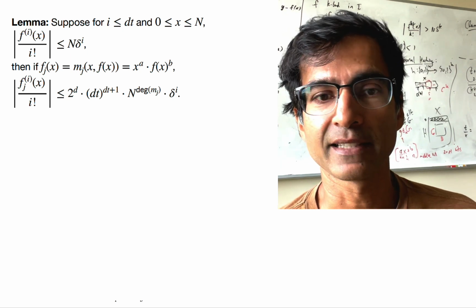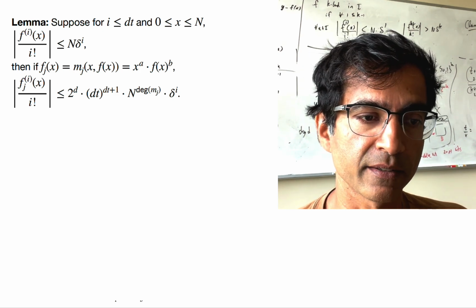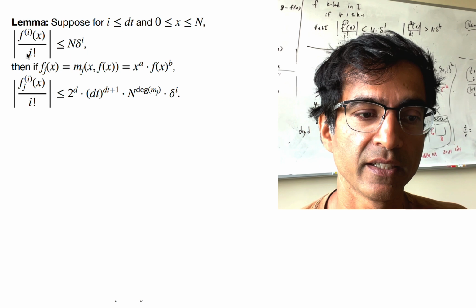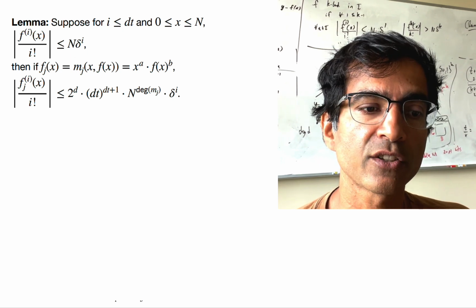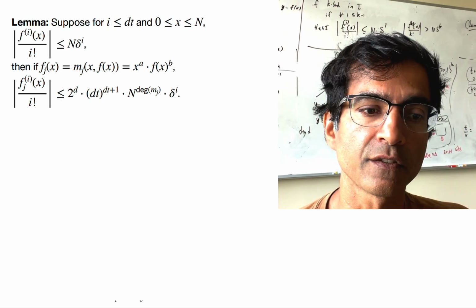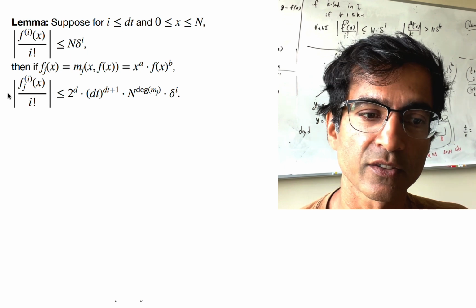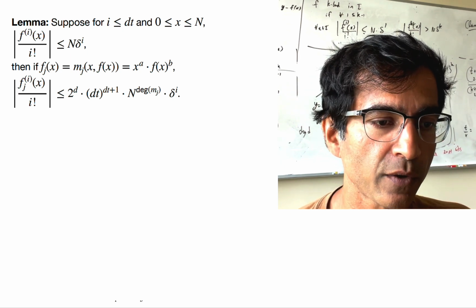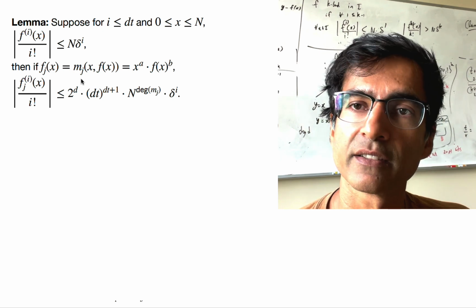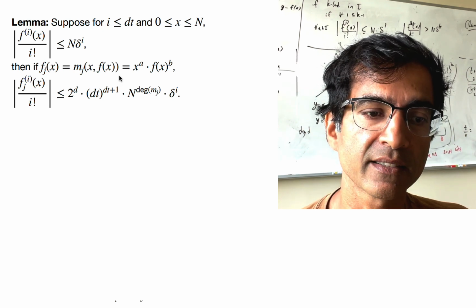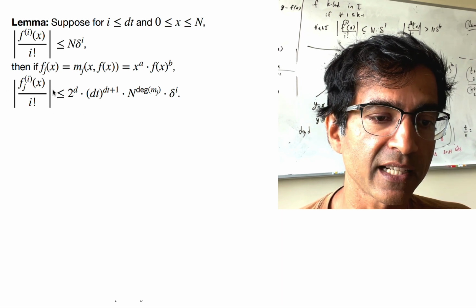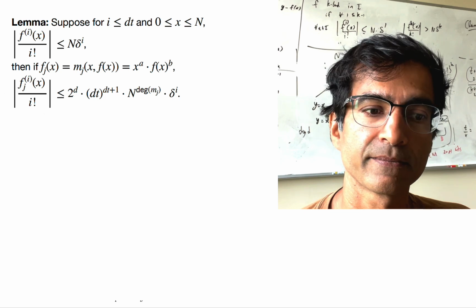So the first lemma says that if we have the bounds on the derivatives of f that we talked about, then we can translate them into similar bounds on the derivatives of the monomials. So if you write f_j of x to be the evaluation of the jth monomial in our set on x, f of x, then the derivatives of the monomial satisfy these bounds.